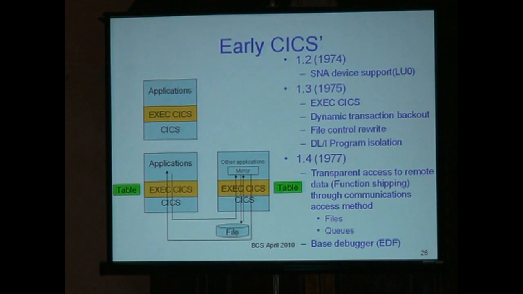As I explained earlier, the interface between the application and CICS used to be these macros. Macros were bunged into the middle of your, say, COBOL source. You ran it through a preprocessor, which generated the real language, and then you compiled that, and off you went.